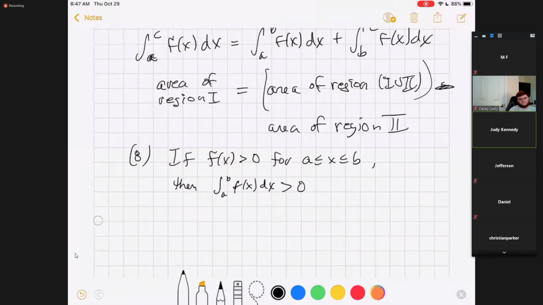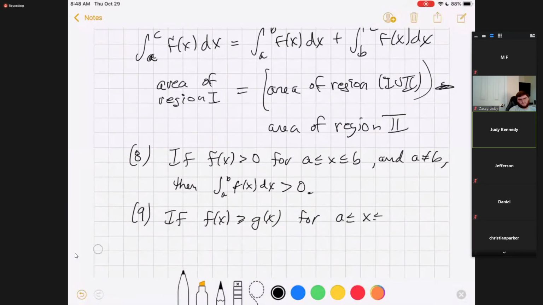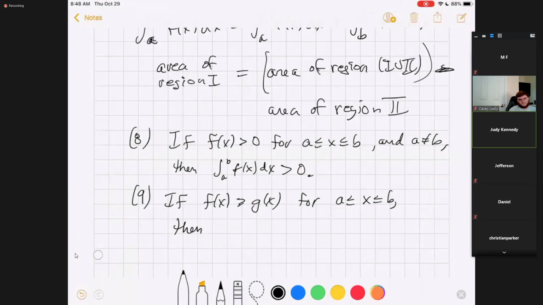This is positive as long as a is not equal to b. If you have a function that sits entirely above another function, then their integrals are going to follow the same pattern.